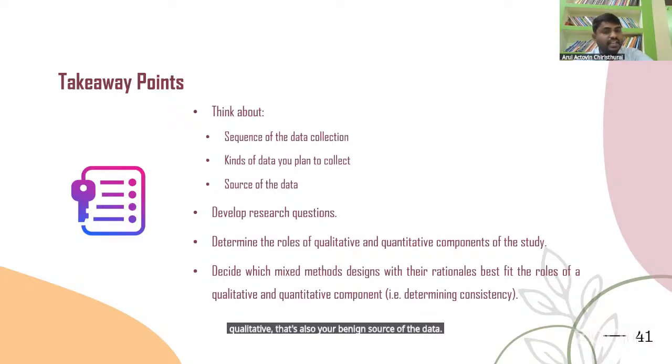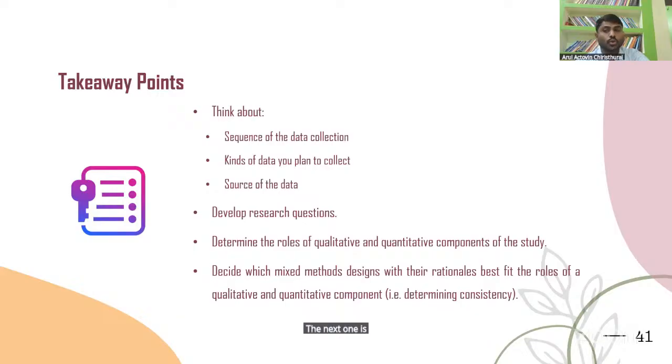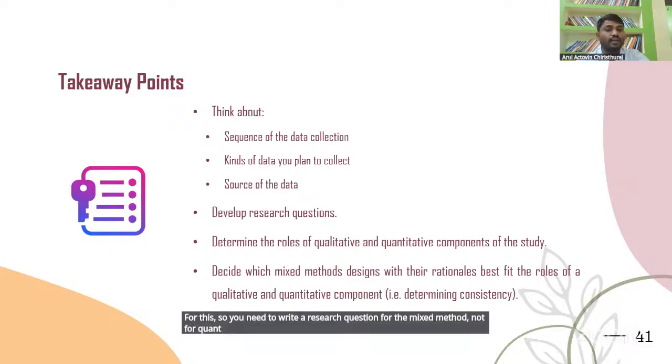For each design, there is a source of data. The next one is developing research questions. If you want a mixed method research design, you need to write a research question for the mixed method, not for quantitative or qualitative alone.